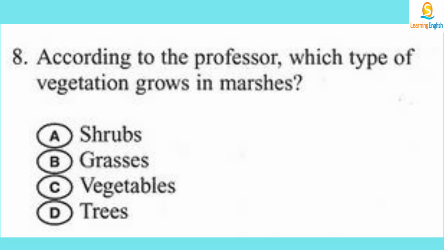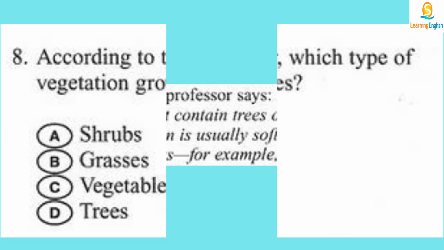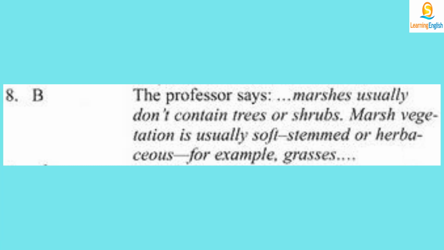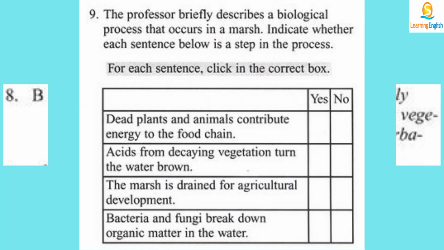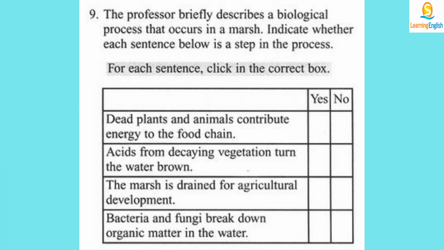Number 8. According to the professor, which type of vegetation grows in marshes? Number 9. The professor briefly describes a biological process that occurs in a marsh.